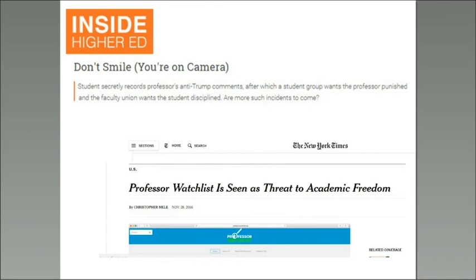A particularly important statement around that topic, which is called freedom in the classroom, points out that in some cases, criticizing or analyzing a statement that a student has made can be characterized as harassment when it really is not harassment.